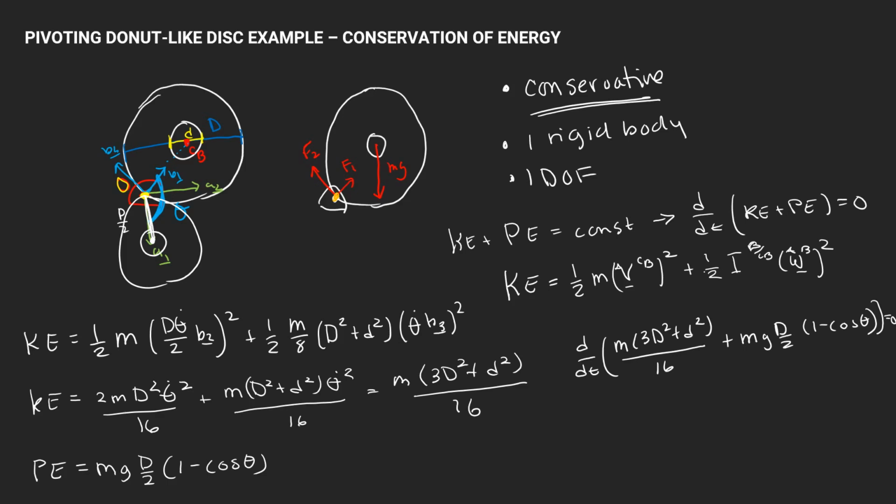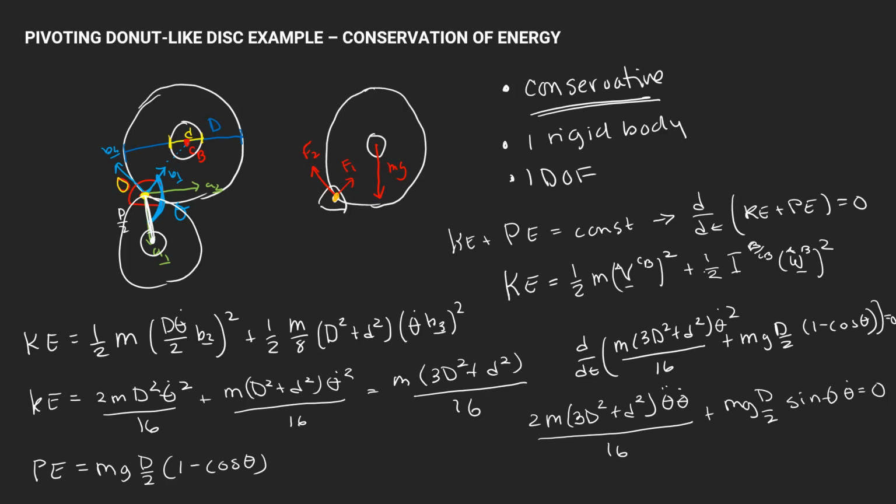So when you take this derivative, you end up with m times 2 times 3D squared plus d squared, times theta double dot theta dot over 16, plus mg d over 2 sine theta times theta dot is equal to 0.